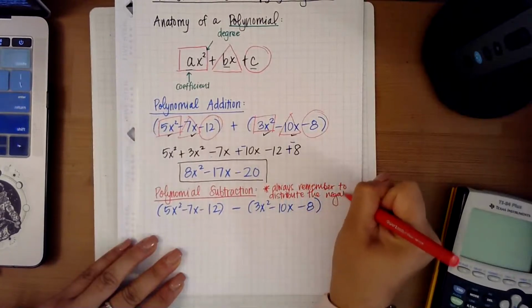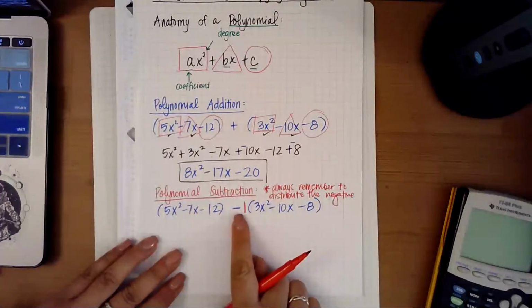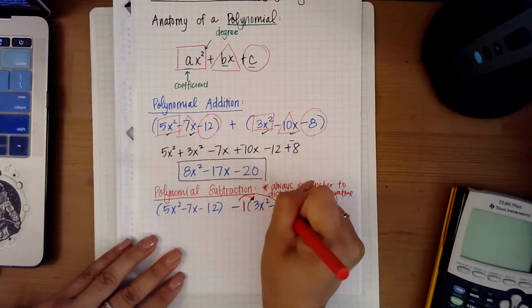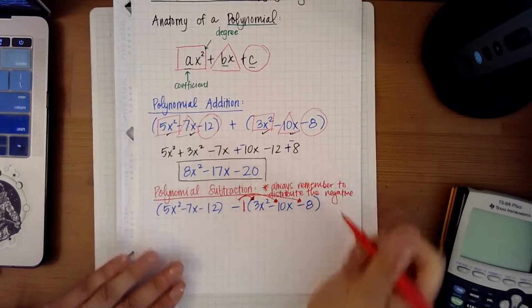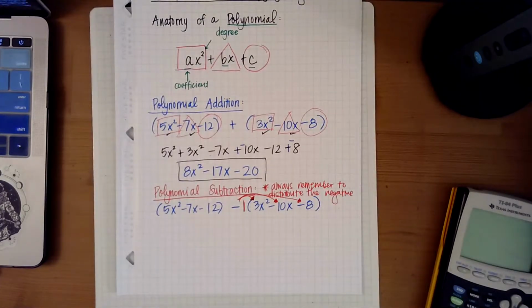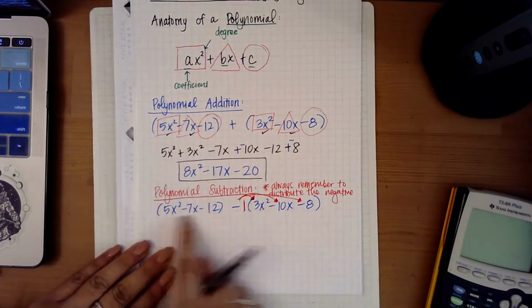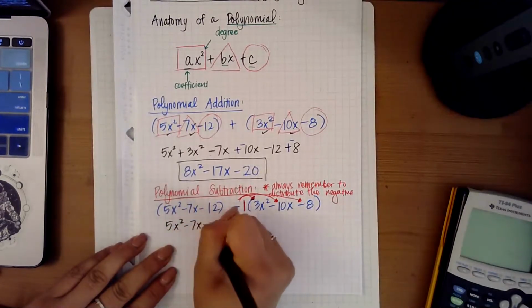And what does that mean? That means there's an invisible 1 right here, and really it's a -1. And that is going to be affecting this term here, and this term here, and this term here. So every single term in the second polynomial will be affected by this factor of -1. So I'm just going to write this out by itself. I have 5x squared minus 7x minus 12.